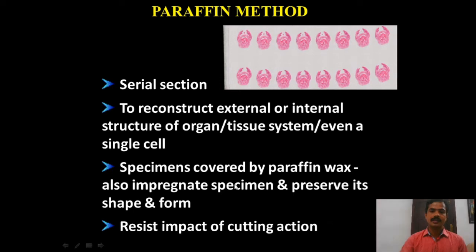This is necessary for cutting in the microtome, because in microtome cutting there will be very large friction and pressure on the specimen that may distort it. By impregnating paraffin inside and outside the specimen, it can resist the impact of the cutting action of the microtome blade.